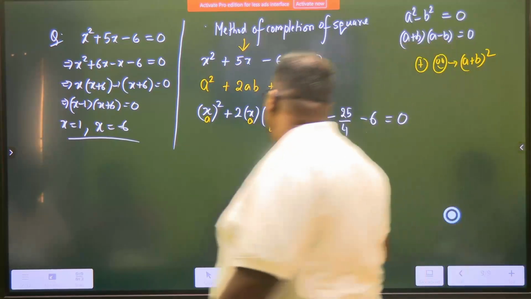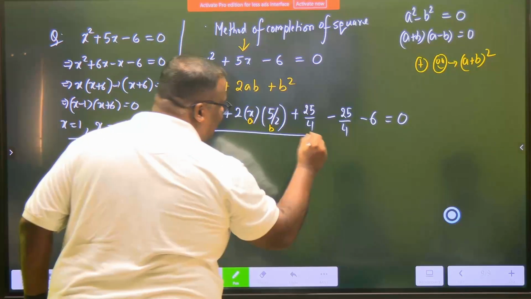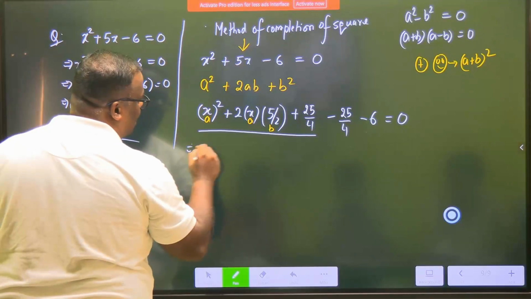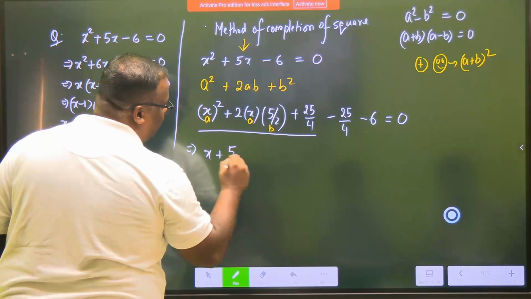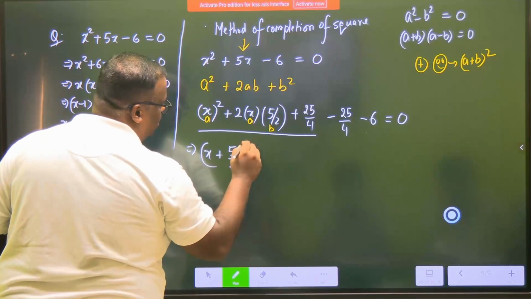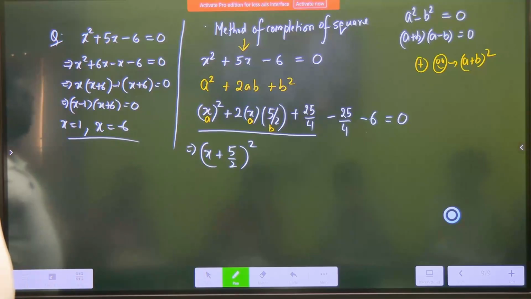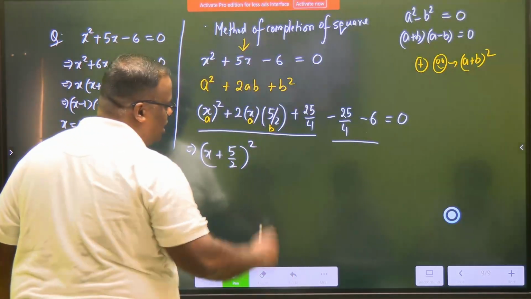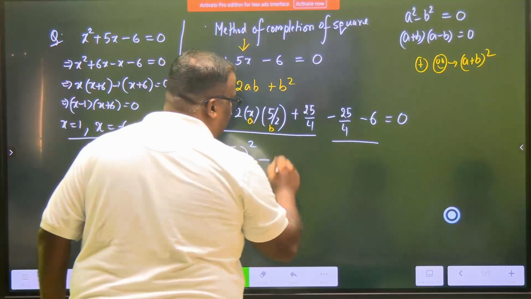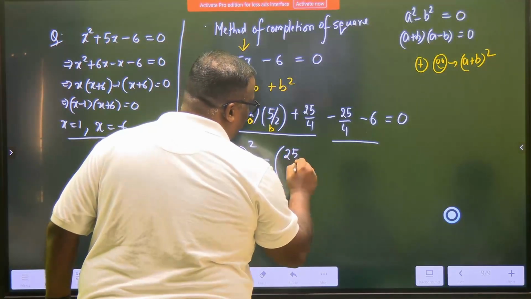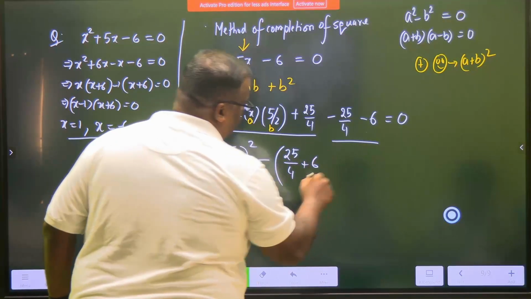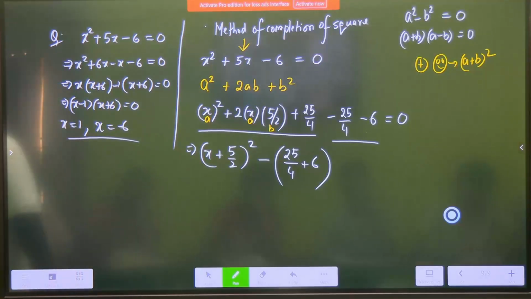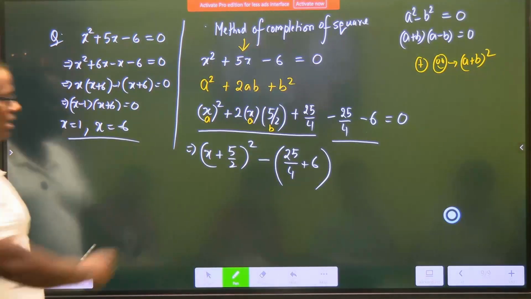Yes. Children, what is it till here? x plus 5 by 2 whole square. Agreed? And let's see what is here. If I take the negative common, it becomes 25 by 4 plus 6. Okay? By now you should understand.